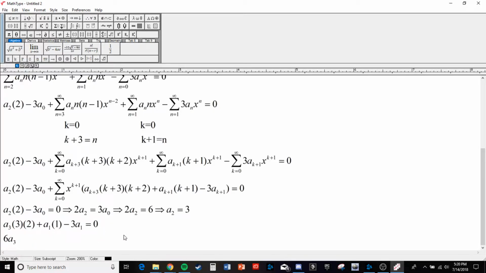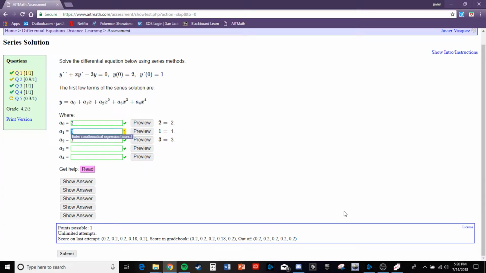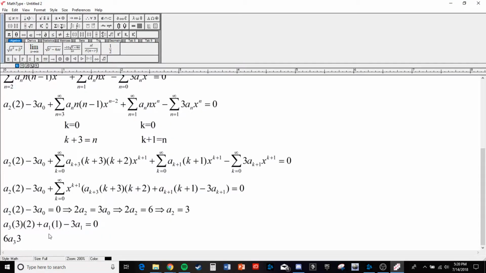And you know what? Let's move these to the other side. So 3a sub 1. What is that? A sub 1 is just 1, so we're just going to get 3 right here. Minus 1 times a sub 1, or 1.